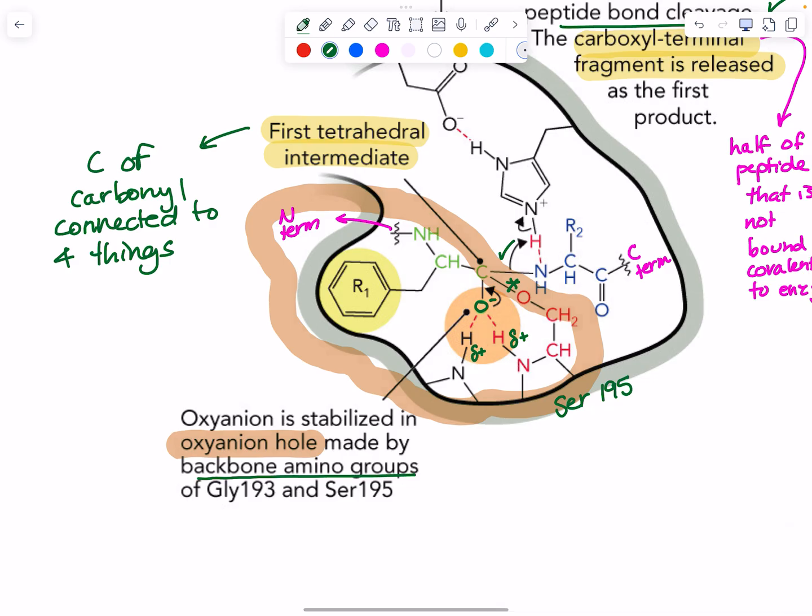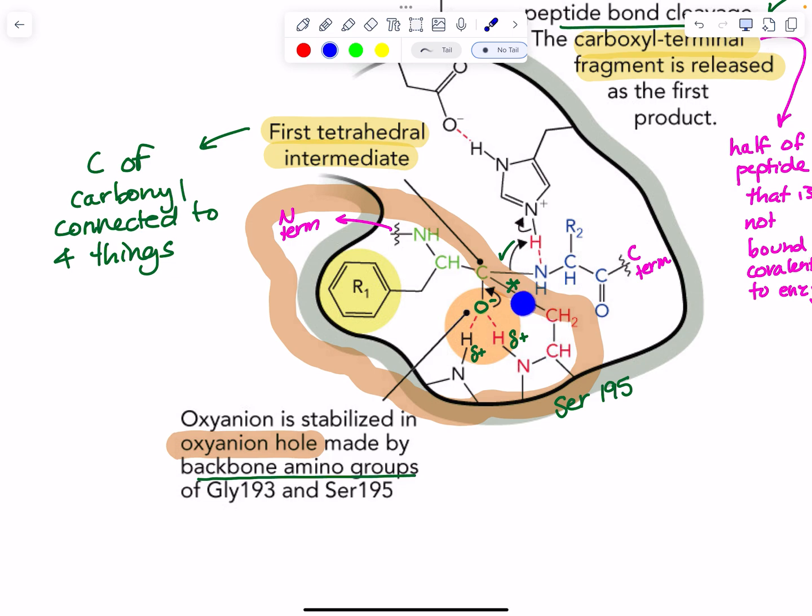So if we look at it, here's our alpha carbon, here's our side chain atoms. So I'm going to label this as the C alpha. And then in the enzyme, that C alpha is going to be attached to a carboxyl on one side, and then the amide nitrogen on the other. So this is the amide nitrogen that belongs to serine 195.